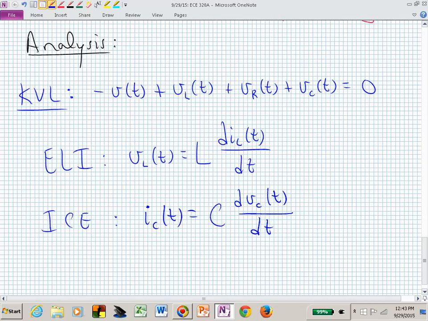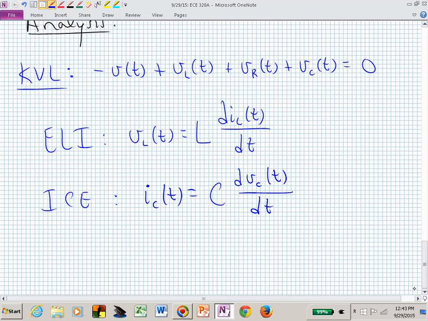Let's now use this relationship in the earlier formula that we wrote for our KVL, because now we have expressions that involve the inductor current and the capacitor voltage. We can replace the inductor voltage with L di dt, and let's just leave the capacitor voltage as V sub c for now.